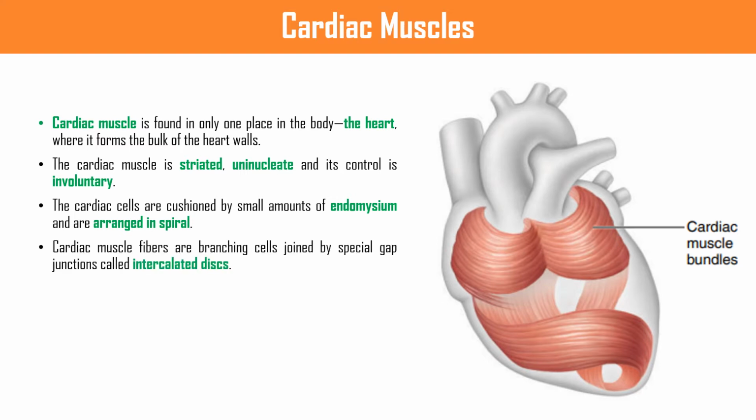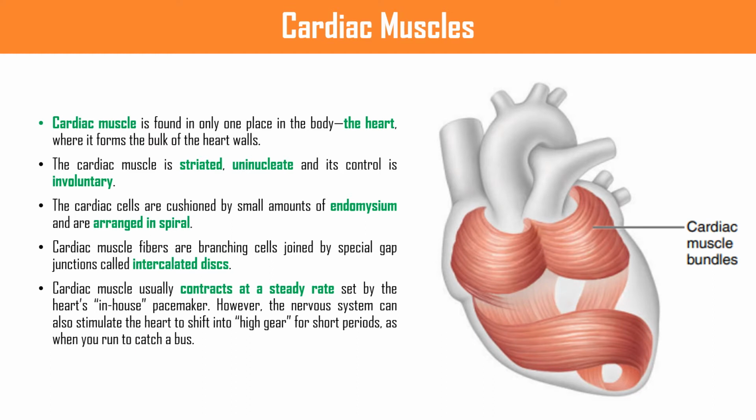Cardiac muscle fibers are branching cells joined by special gap junctions called intercalated discs. Cardiac muscle usually contracts at a steady rate set by the heart's in-house pacemaker. However, the nervous system can also stimulate the heart to shift into high gear for short periods of time, as when you run to catch a bus.